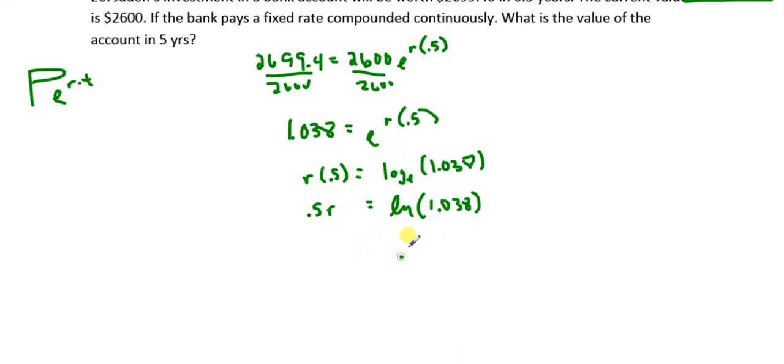So 0.037 equals 0.5r. And like I say, you can multiply by 2 or divide by 0.5, and we get r is equal to 0.075.